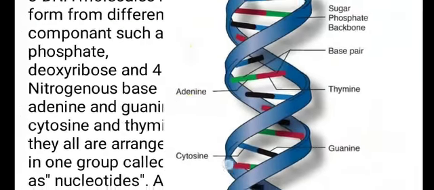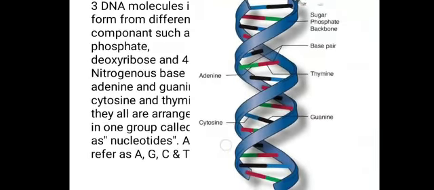two types of helix rings, and these helix rings are crossed over each other. These helix rings are made with the help of sugar and phosphate molecules. And inside the DNA, four types of nitrogenous bases are present.